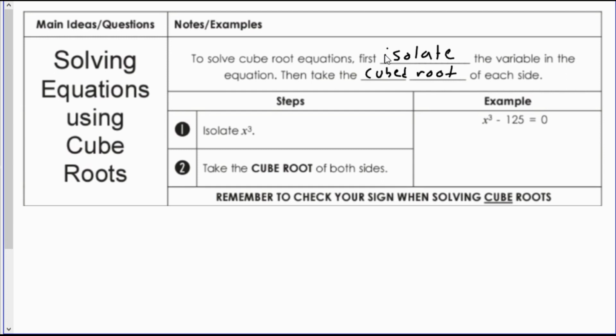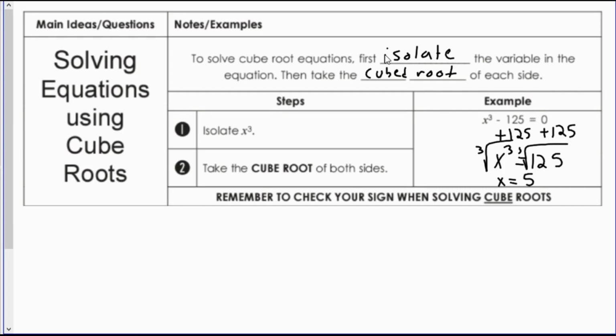So looking at this example, I have x cubed minus 125 is equal to 0. Again, I want to isolate my variable, so I'm going to add 125. When I add 125, I'll get x cubed is equal to 125. Now taking the cubed root of 125, I will get x is equal to 5.